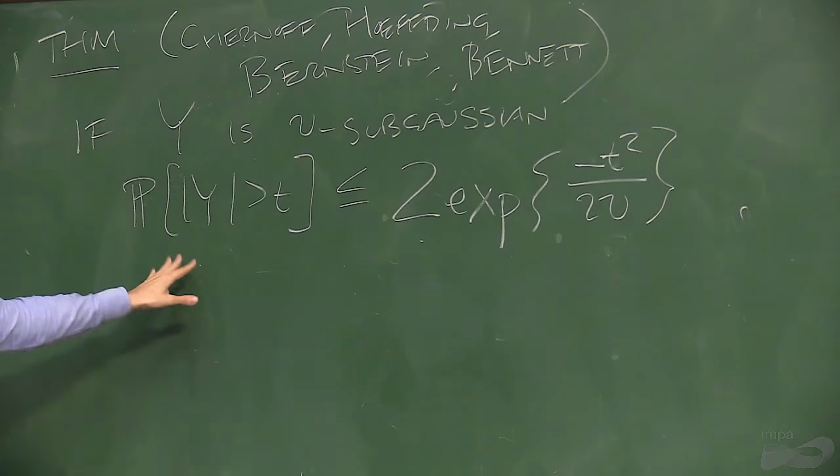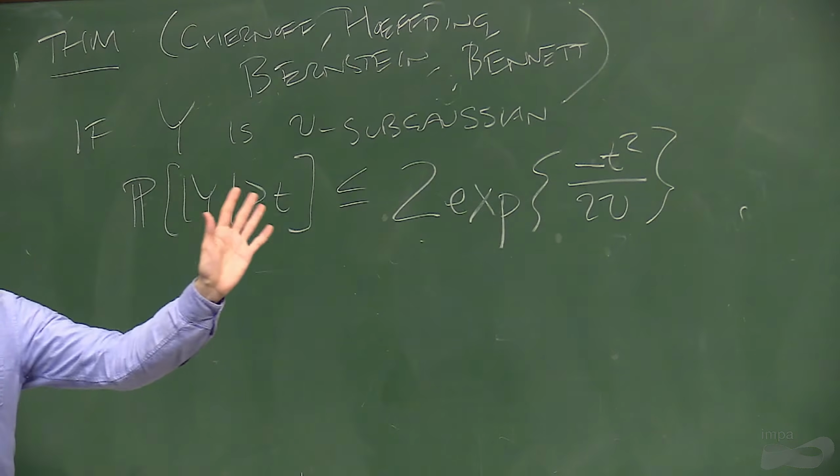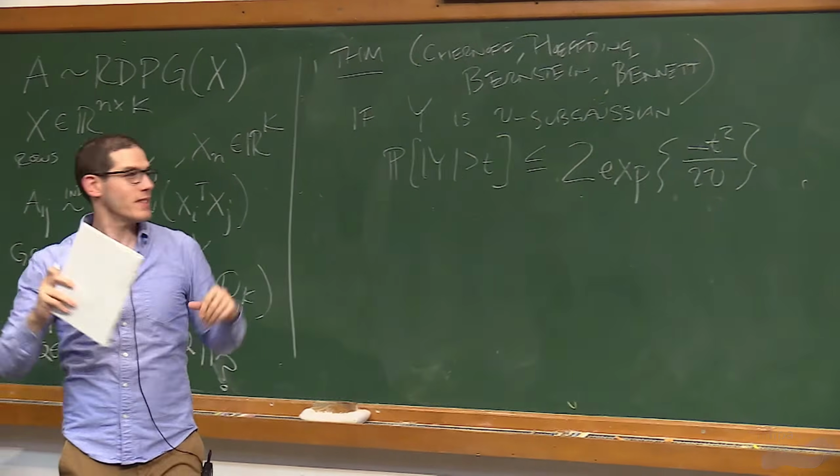So this specific result is basically just a corollary of Chernoff. You pick lambda in a clever way, right? In a clever but, it'll turn out, wrong way for our purposes.